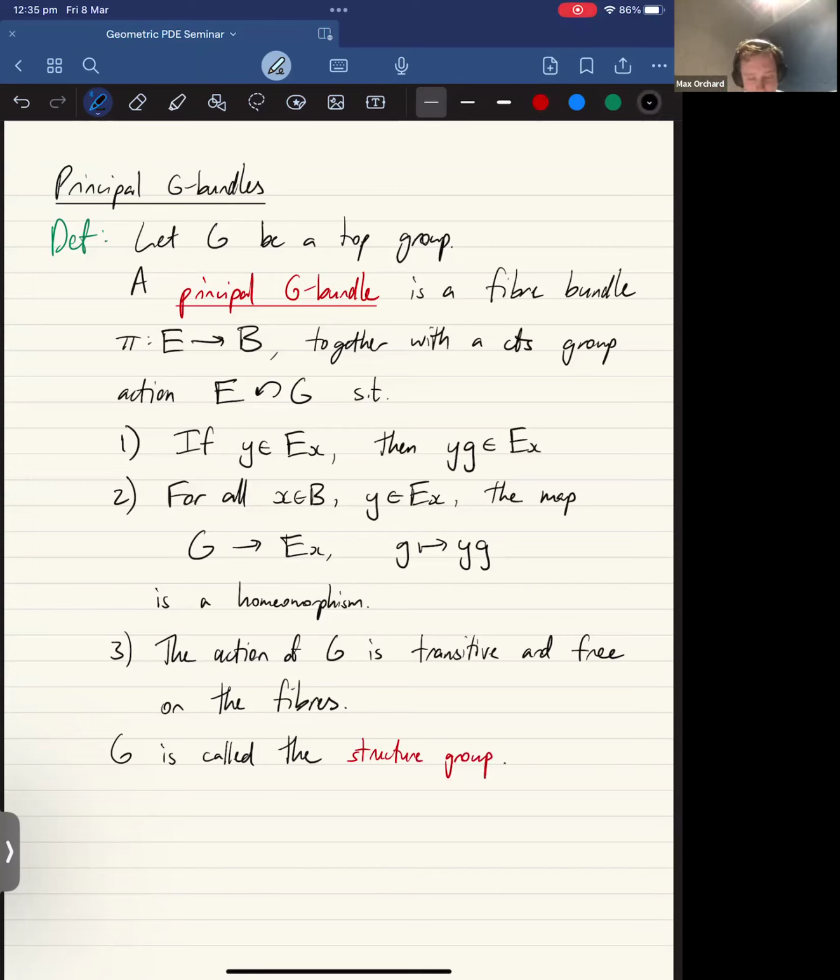So let's give an example. Here, this example is going to be just the frame bundle of a vector bundle.